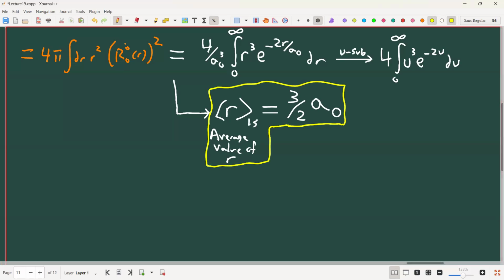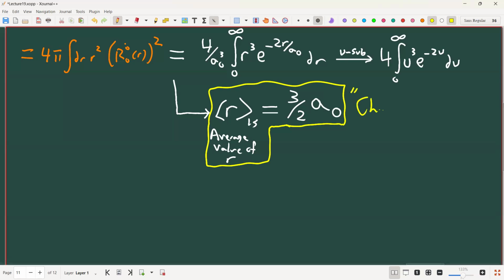All right, so what this says is that in the 1s orbital, the electron on an average, again, it's delocalized, it can be anywhere, but on average, it's at this 3/2 this value a0, right, this Bohr radius. Let's go back and remind ourselves, since I kind of threw it at the end, what the Bohr radius is. Right? I like to call this 3/2 a0, or this a0, is what I call the chemical length scale.